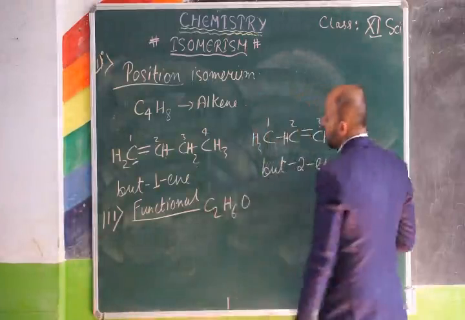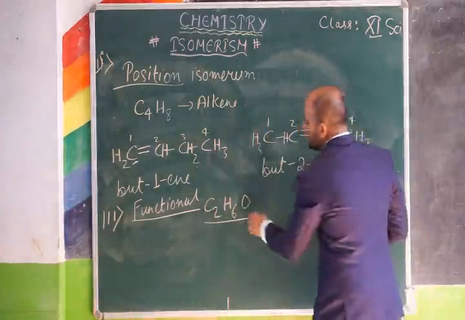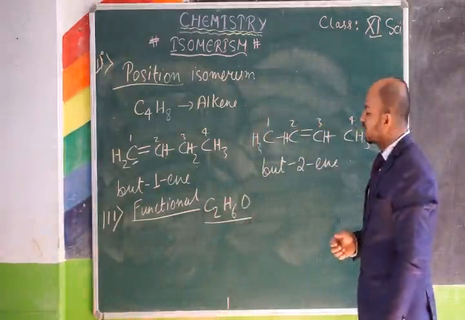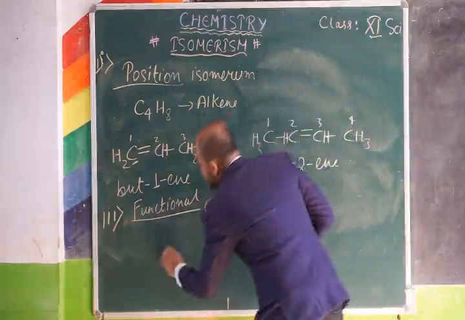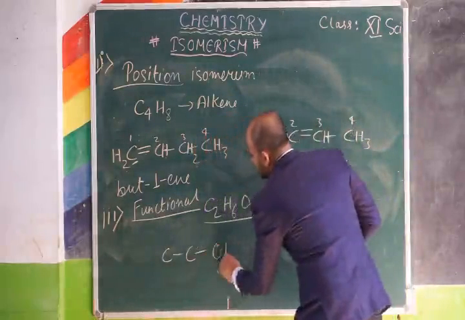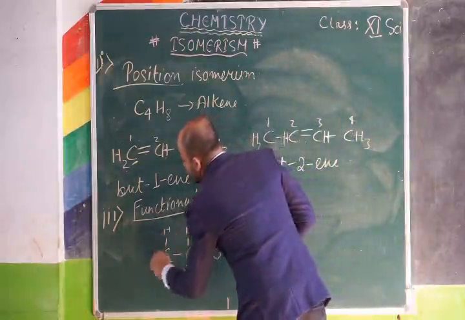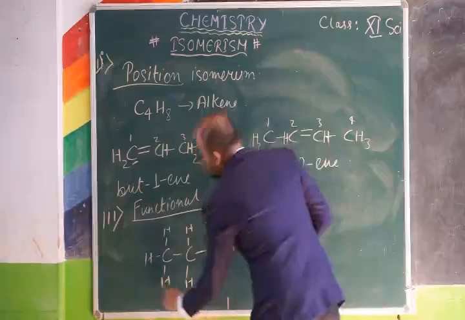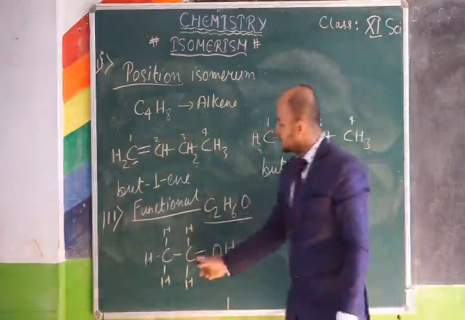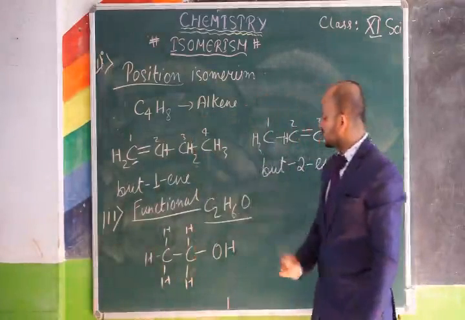C2H6O. With this molecular formula, you can have this structure where you have the OH functional group, and hydrogens. You can count the number of carbons, 2 carbons, 5 plus 1, 6 hydrogens, and oxygen.